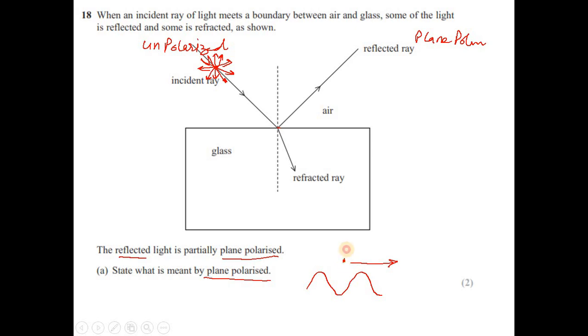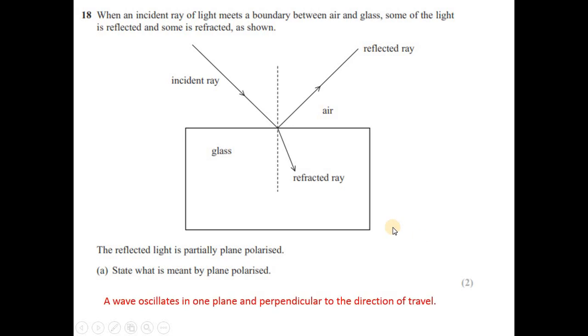So you can say that oscillation is up and down, and direction of travel is horizontal. So we say that the light is plane polarized light. So 2 points for 2 marks: oscillation in one plane that is perpendicular to the direction of travel or direction of motion. So that's how you can write the definition of plane polarized light.